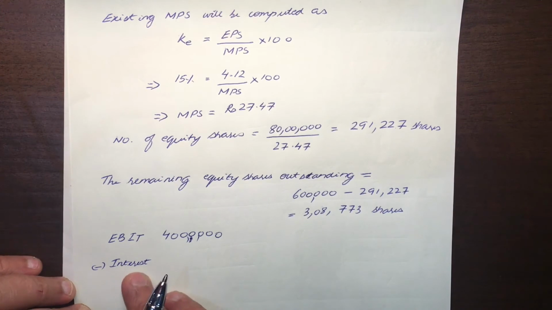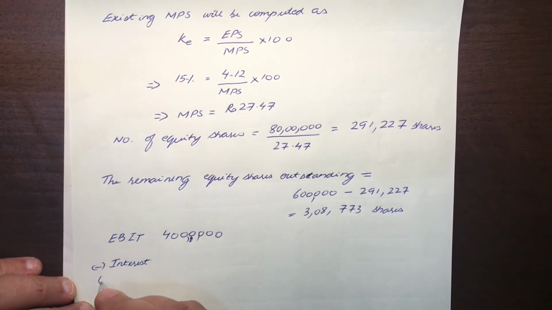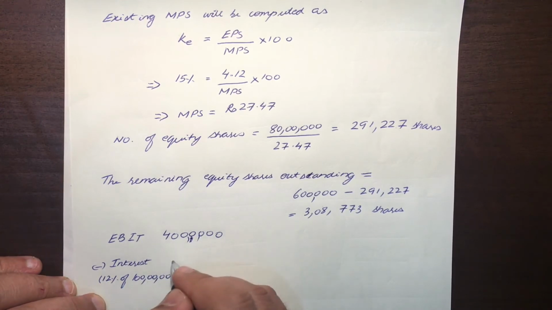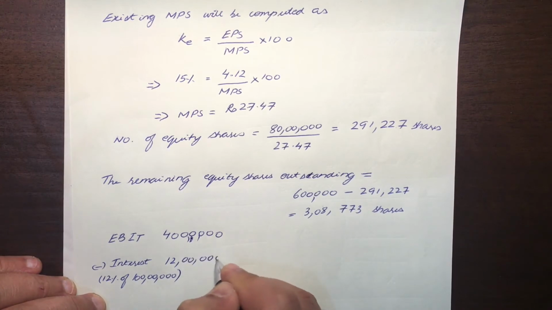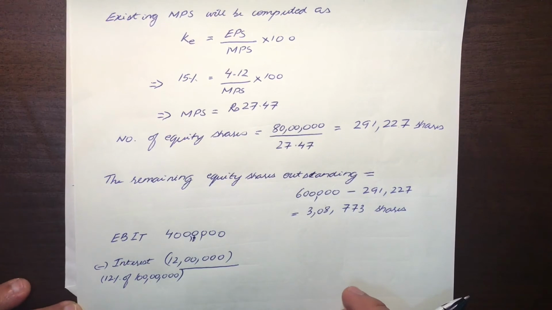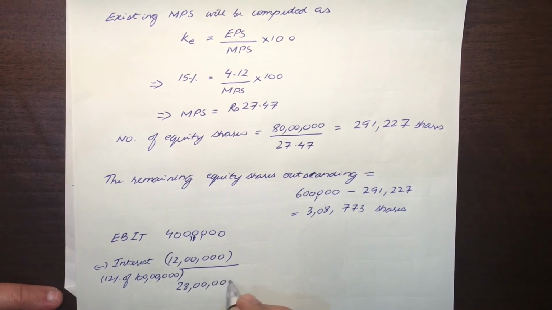Now what is this interest? Okay, this interest is nothing but the 12% of the new loan of 1 crore. All right, so this interest is 12 lakhs. All right, so we are left with 28 lakhs.